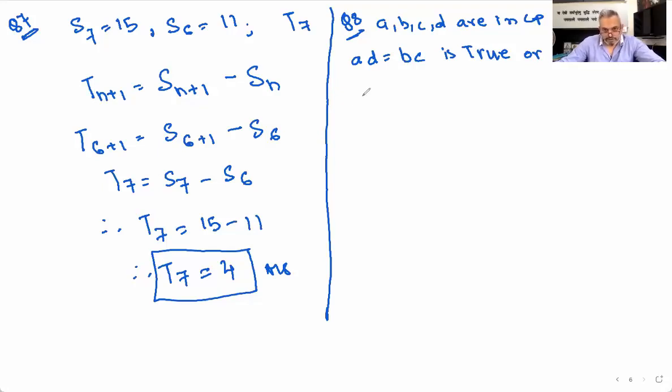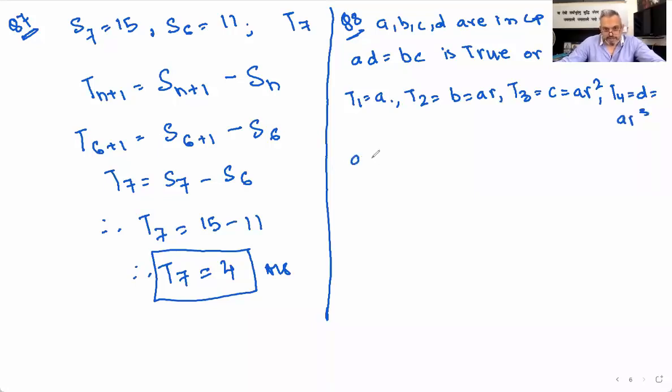T1 is equal to A, T2 is equal to B, which is equal to AR, T3 is equal to C, which is equal to AR square, and T4 is equal to D, which is equal to AR cube.